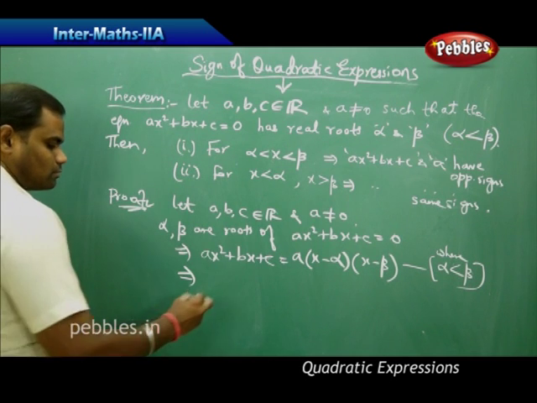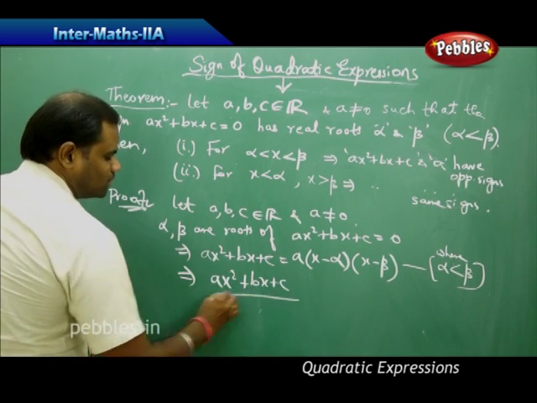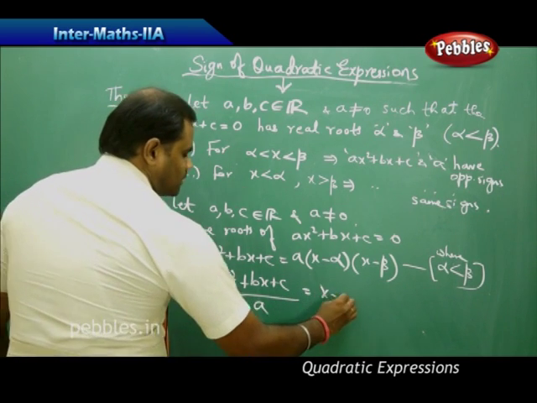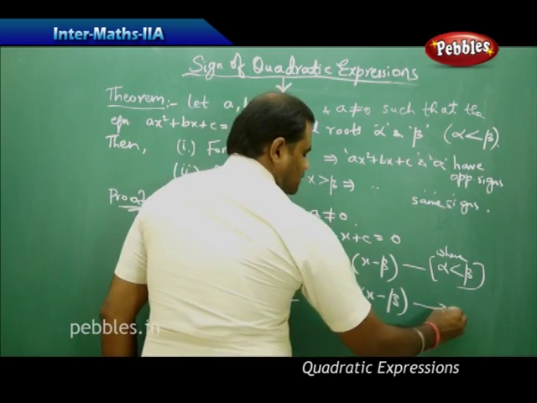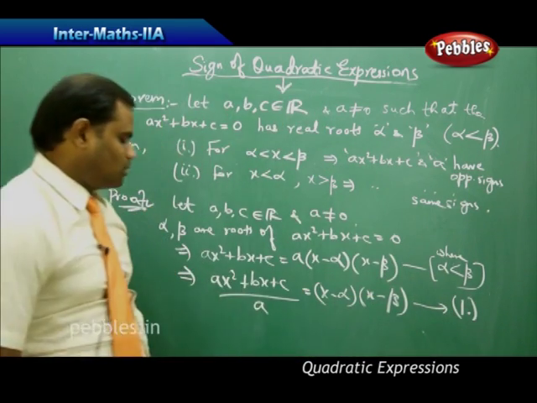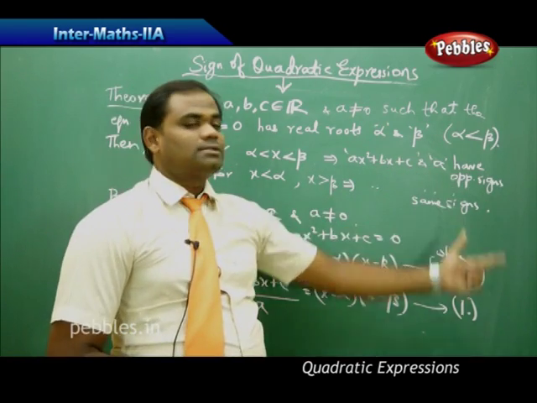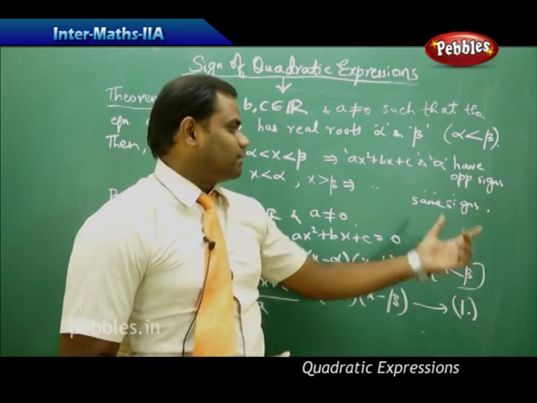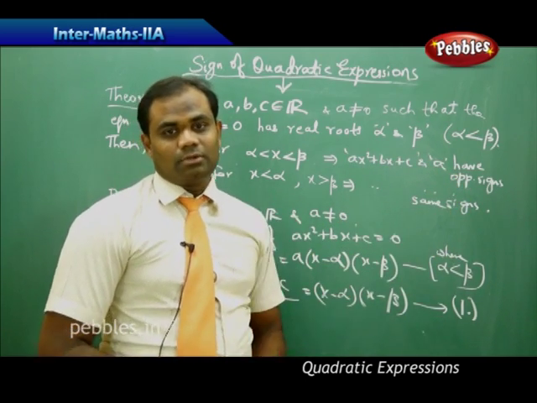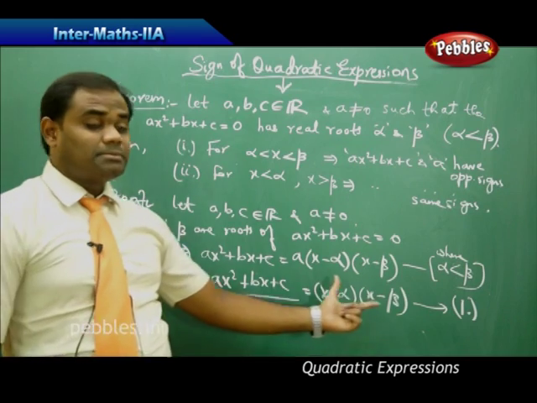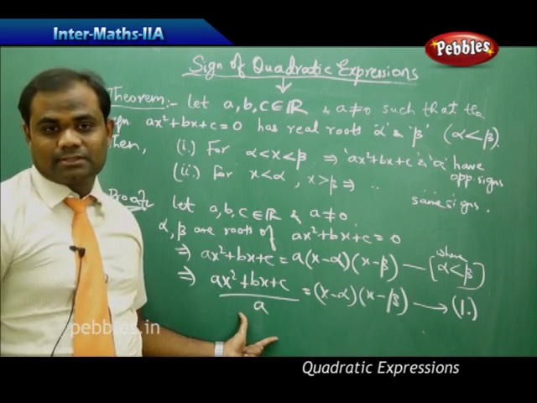Initially, to start with, let me reconsider the above expression in the form of by a is x minus alpha into x minus beta, because this is the expression which helps us in understanding the signs. Because we need to identify the opposite or same signs, we divide this with this, because the fractional representation helps us in identifying the same signs or opposite signs.